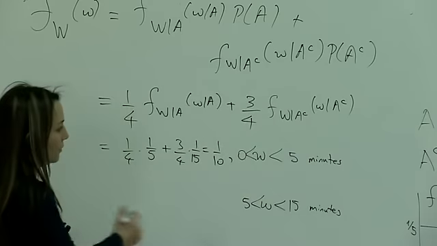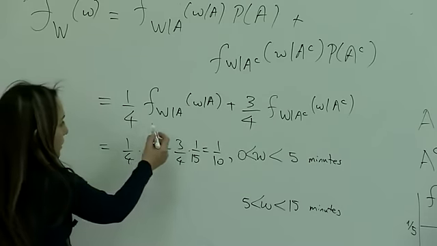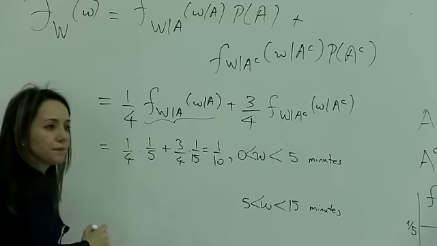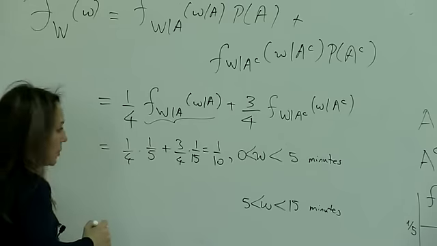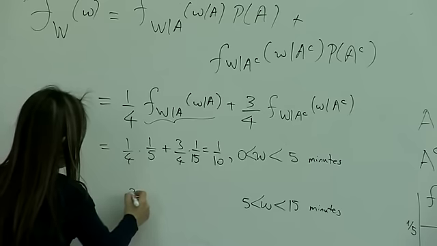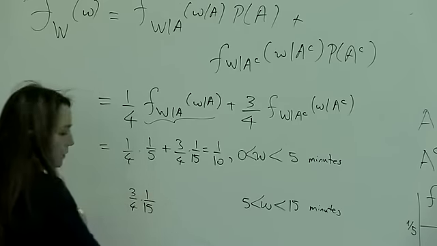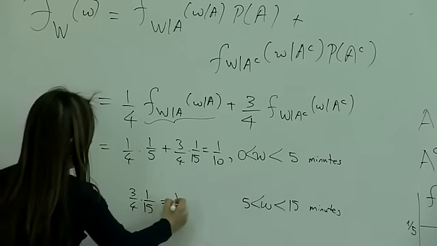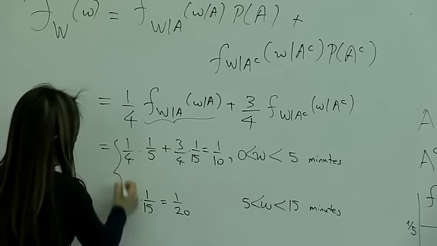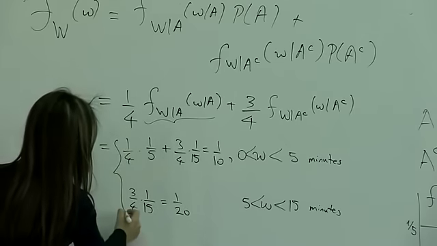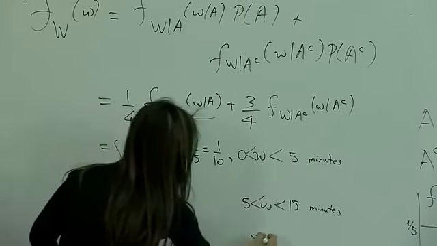Because after 5 minutes, this becomes 0. Okay? So it's simply 3/4 times 1/15, which is 1/20. And 0 otherwise, of course.